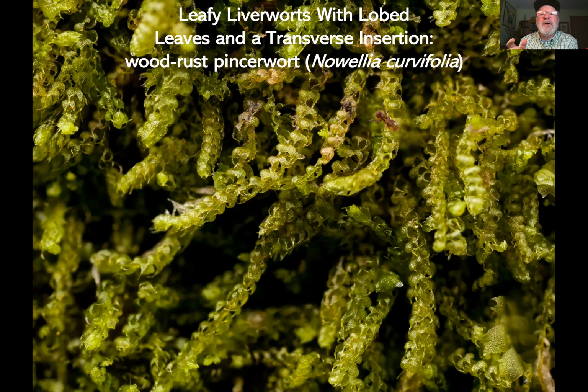What's fun about it, though, is that its leaves are deeply concave, and it's been likened to a sailing boat with billowed sails. So when we see Nowellia, we imagine we're looking at a regatta, a big sailboat race with all these little boats with these billowed sails and the strong wind.